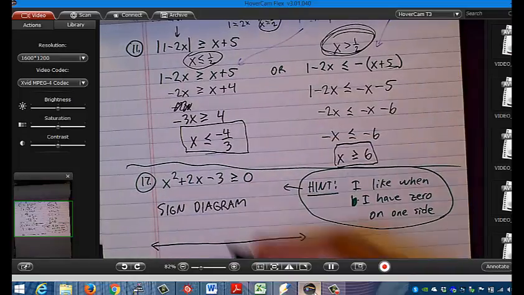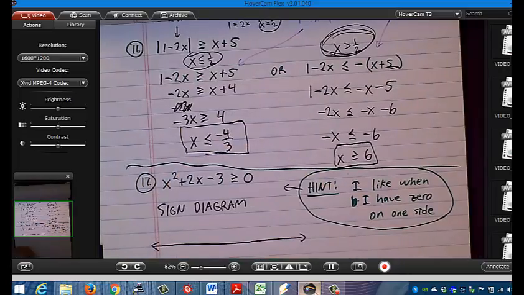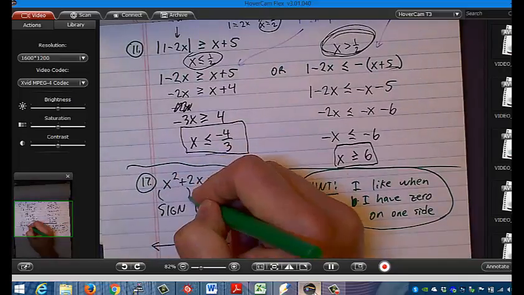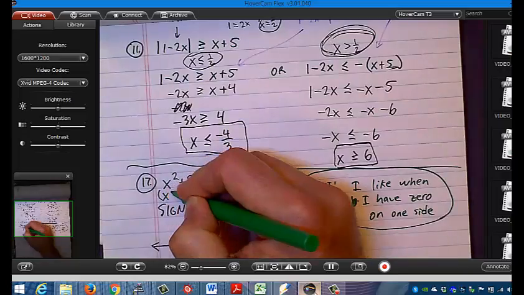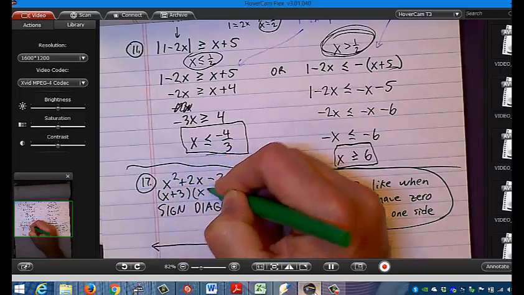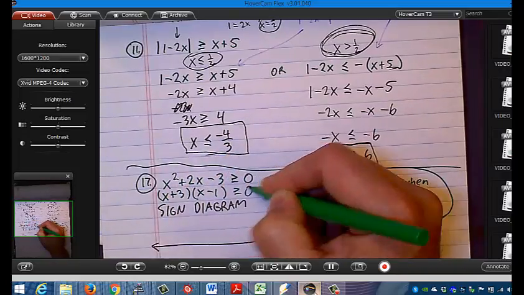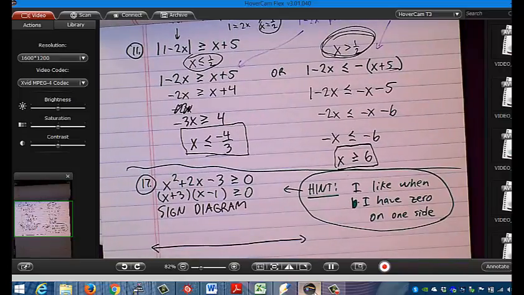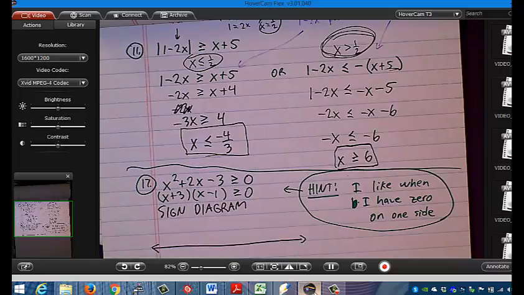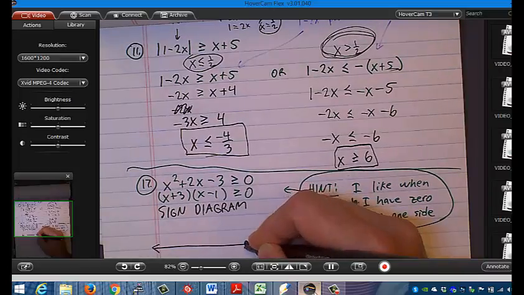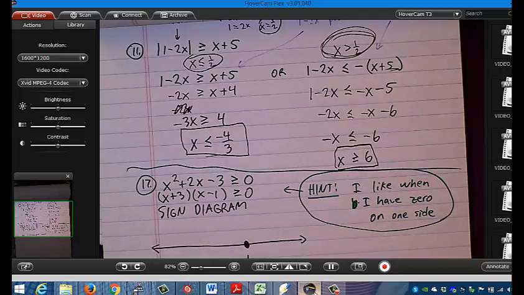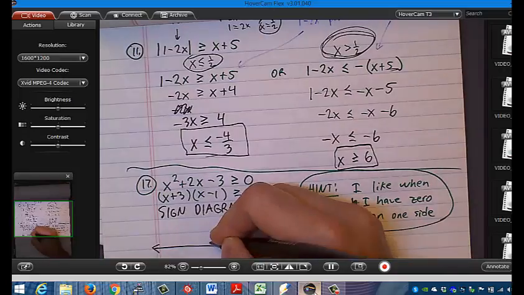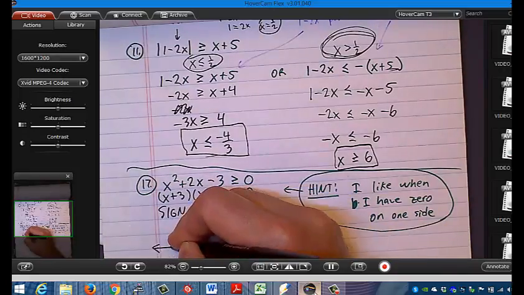We could write, instead of x squared plus 2x minus 3, yeah, you guys did a lot of factoring this week, x plus 3 times x minus 1. It says bigger than or equal to 0, right? Well, where are the zeros? 1 and negative 3. So I'm going to plot those on my sign diagram. I know that 1 is a solution. I know that negative 3 is a solution. Right there.